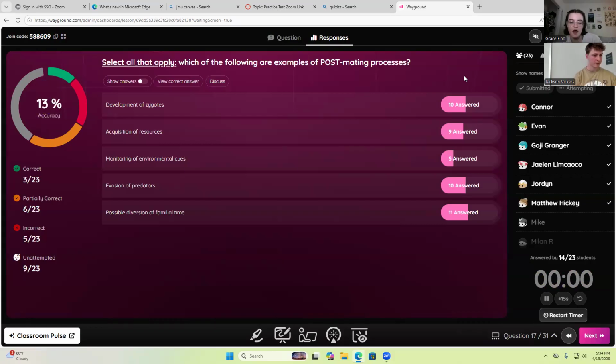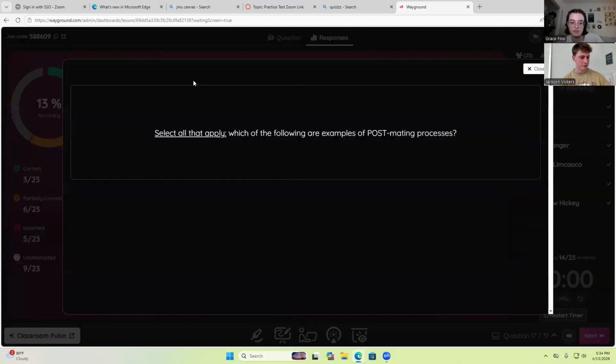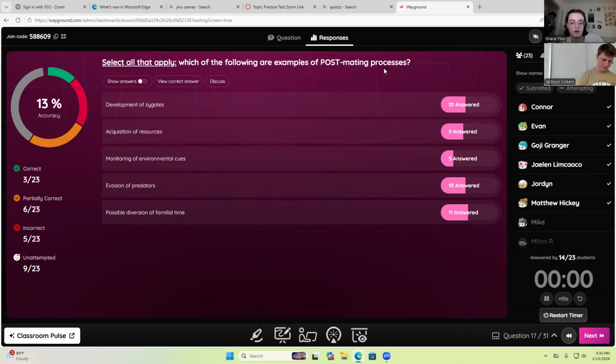The answer to that one was A, D, and E. Pre-mating processes are things that allow the mates to meet each other, such as acquiring resources and monitoring environmental cues to know when the right time is to find a mate.